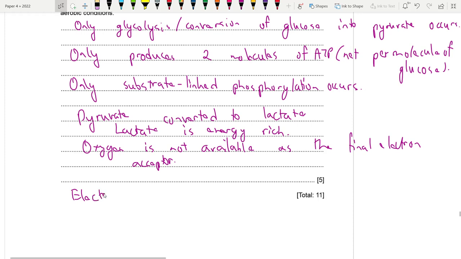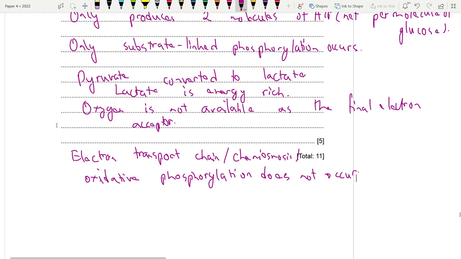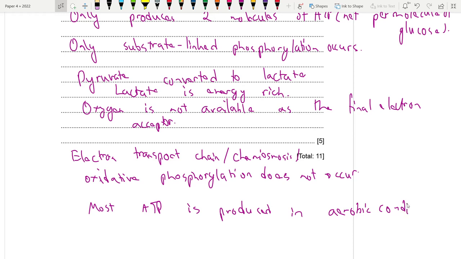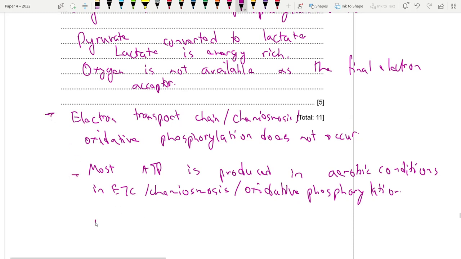So the electron transport chain or chemiosmosis or oxidative phosphorylation does not occur, and most ATP is produced in aerobic conditions in the electron transport chain, or chemiosmosis or oxidative phosphorylation, right?